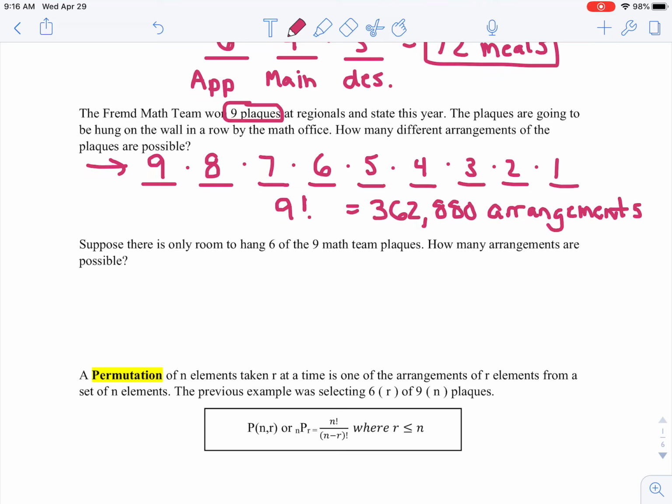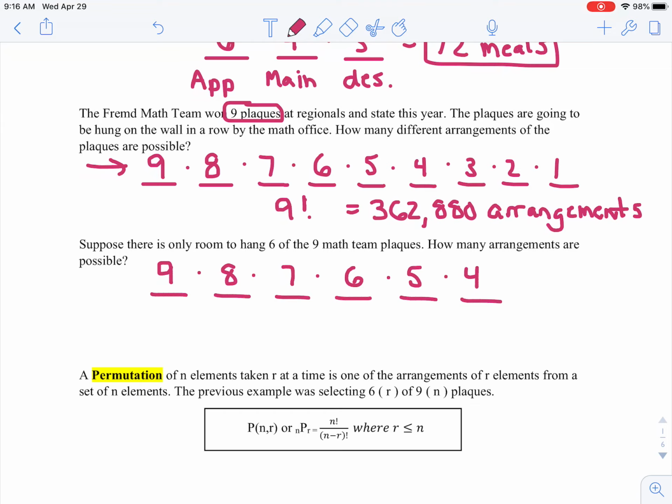Next example, suppose there's only room to hang 6 of the 9 math plaques. How many arrangements are possible? Okay, so I only get to hang 6. Well, this is going to be very similar to the last one. I still have 9 choices to hang in the first spot, 8 for the second, 7, 6, 5, 4. Okay.